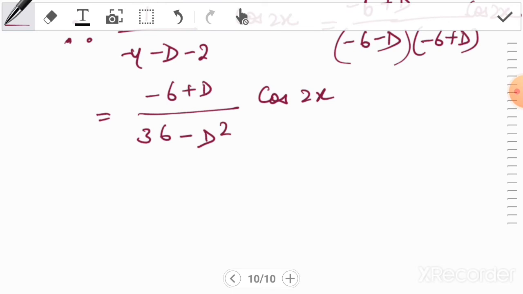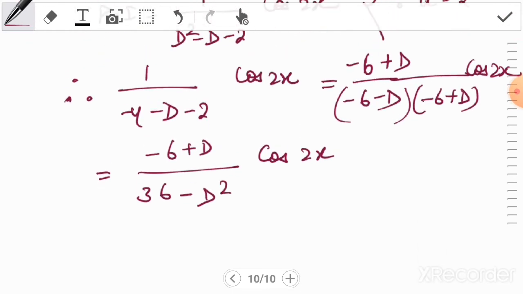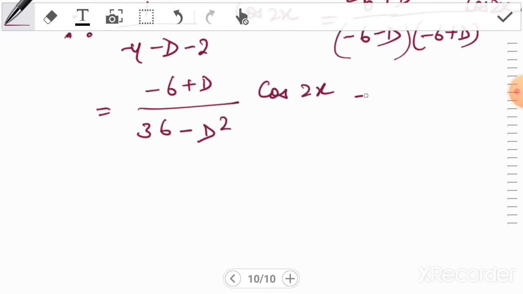Now D square is minus 4. So this is minus 6 plus D by 36 minus of minus 4, so 40, cos 2x.